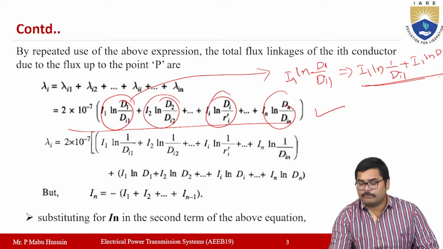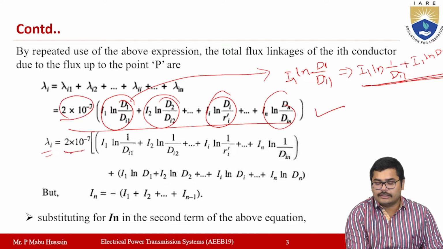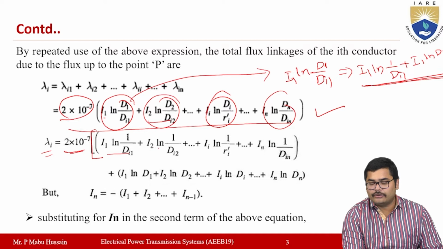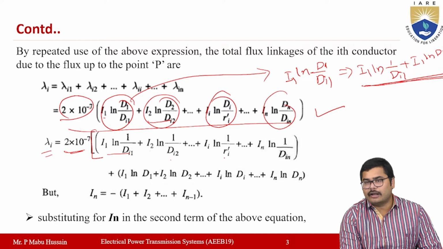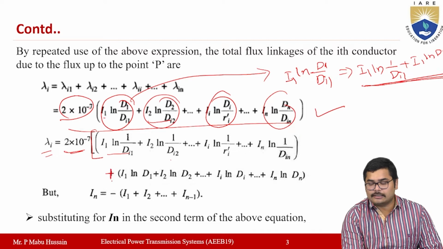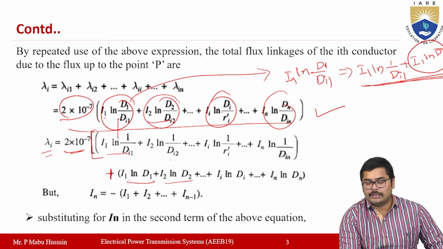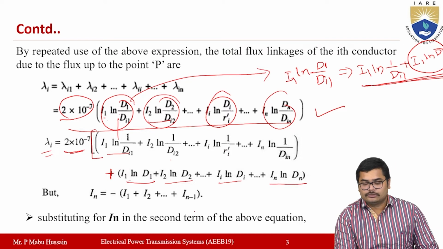So you will get lambda equal to 2 into 10 power minus 7 into: I1 ln 1 by di1, plus I2 ln 1 by di2, plus so on, I_i ln 1 by ri dash, plus so on, I_n ln 1 by din, plus the second terms repeated from each term: I1 ln d1, plus I2 ln d2, plus I_i ln di, plus I_n ln dn.